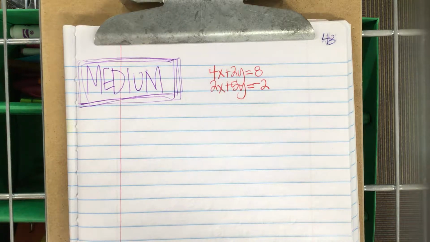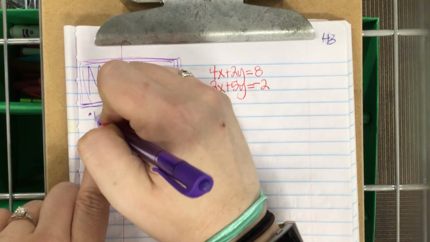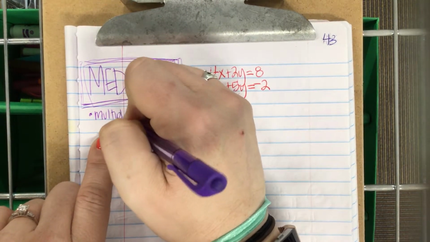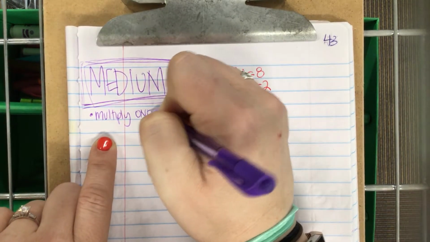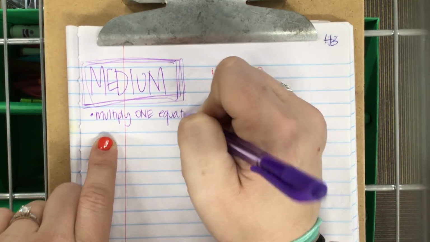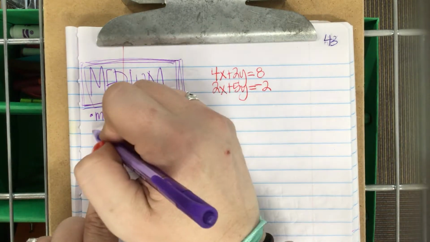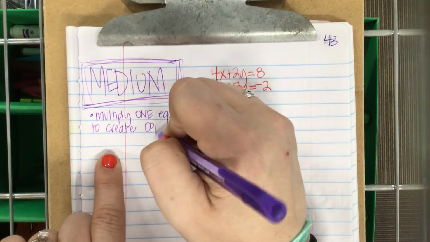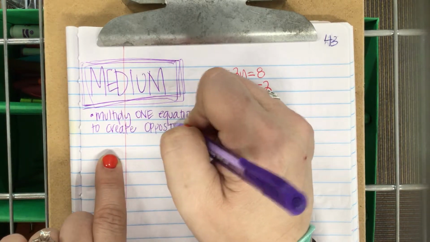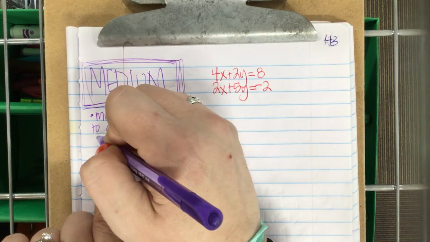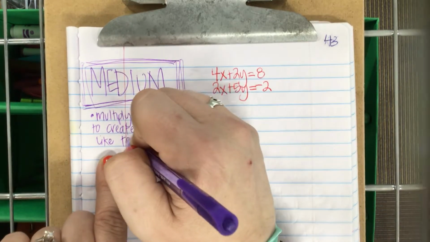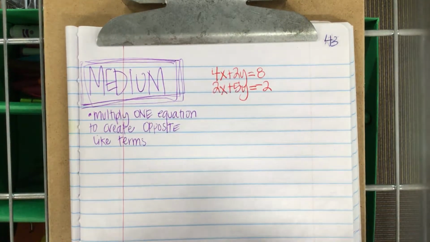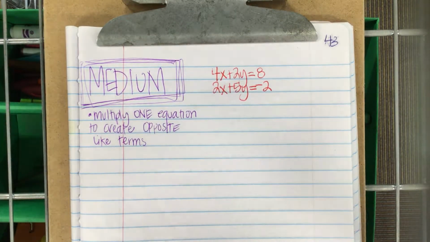But in the medium problems, you have to multiply one equation to create opposite like terms. Because I have to have something that eliminates. I have to have something that cancels out.